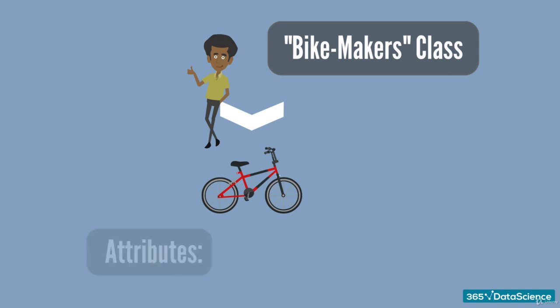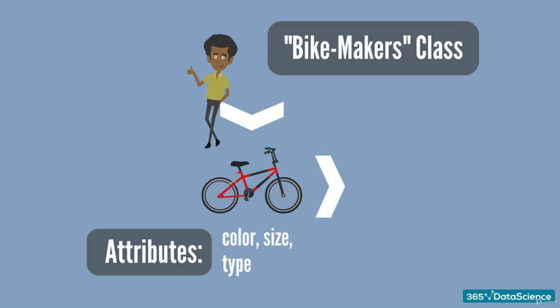As an object, it has certain attributes that refer to the state of that object. Its color, size, and type, mountain bike or road bike, are attributes that can be assigned to it. A method is something different. It is a consequential logic sequence that can be applied to the object.